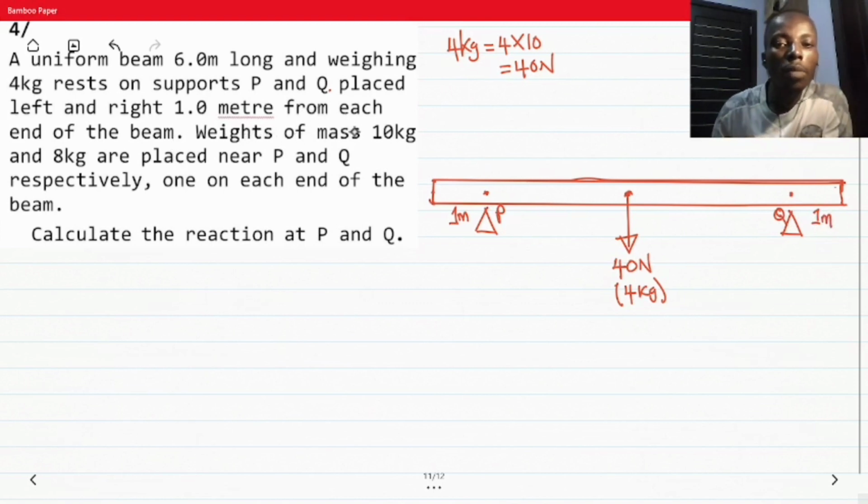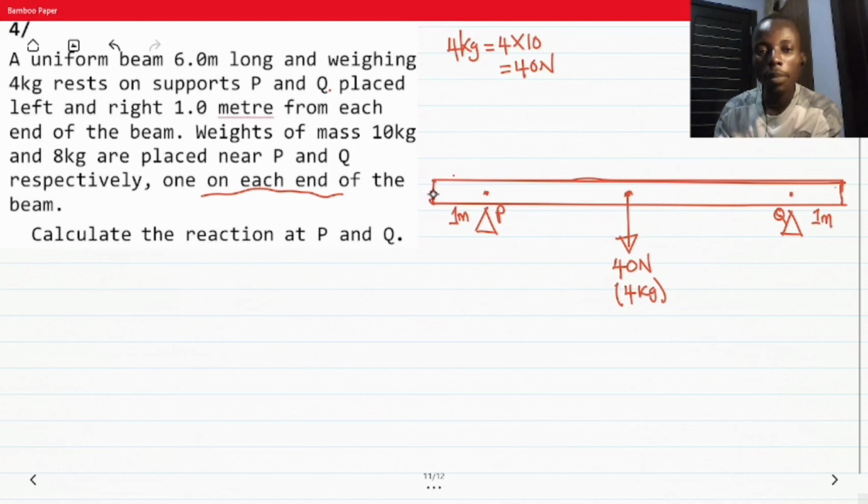And weights of mass 10 kilogram and 8 kilogram are placed near P and Q respectively. So 10 is near P and 8 near Q respectively, one on each end. We need to pay attention to this: one on each end of the beam.